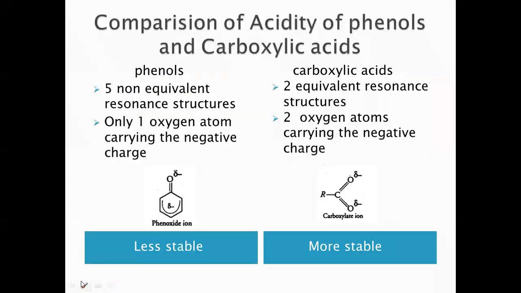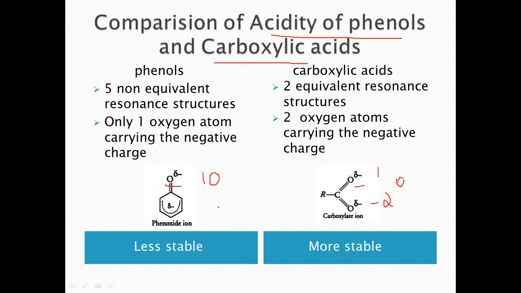So we can as well compare the acidity of phenols and carboxylic acids based on the mesomeric effect here. When we look at the resonance structures of these two, we can see that there is only one oxygen atom which is carrying the negative charge here, and there are two oxygen atoms which are sharing the negative charge here.